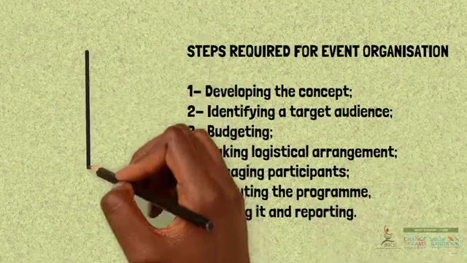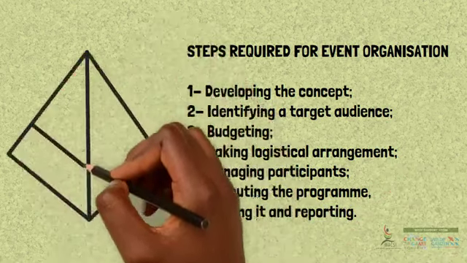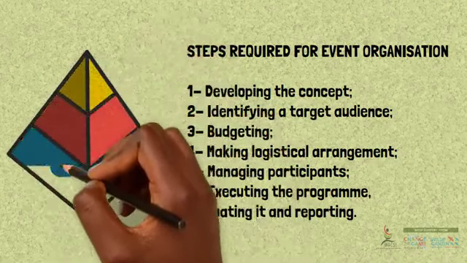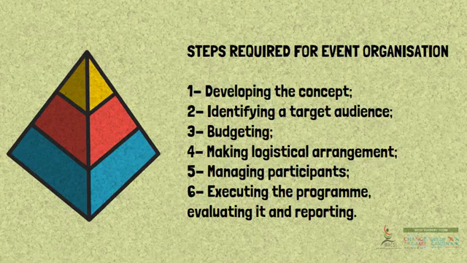That way, you have a logical step-by-step approach of organizing an event, so that your client will have a clear picture of what they should expect by the end of the event.